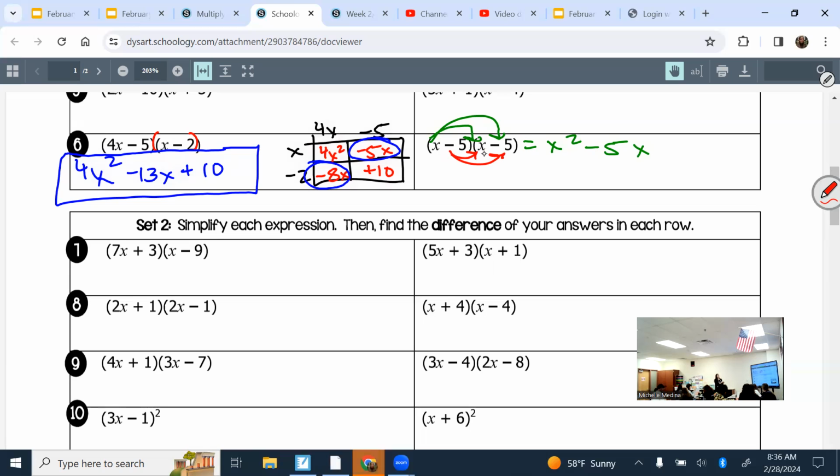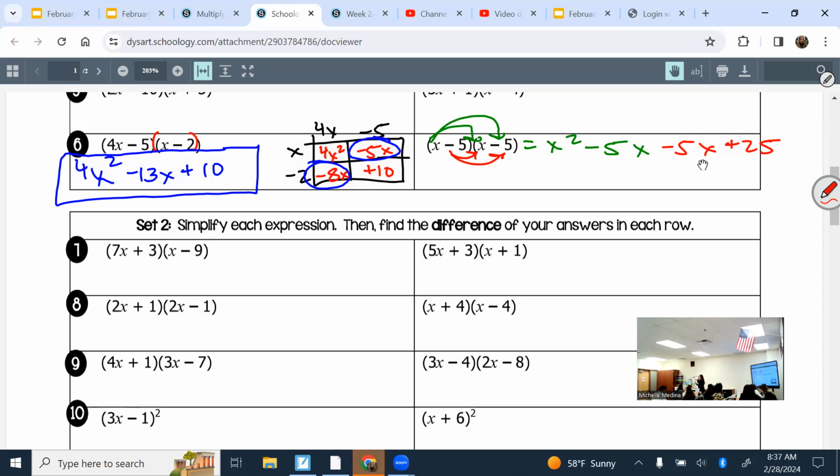So -5 times x. And -5 times -5. A +25, and I'm going to show that with the plus sign, because you don't want to just write it up against the x, I've been seeing that too.